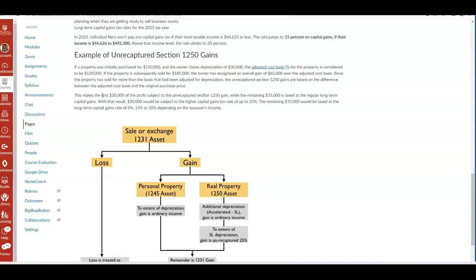So this makes the first $30,000 of profit subject to unrecaptured Section 1250 gain, while the remaining $35,000, which is the 185 minus 150, is taxed at the regular long-term capital gain rate, which is much more favorable.